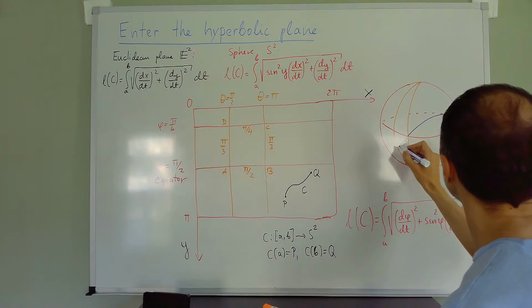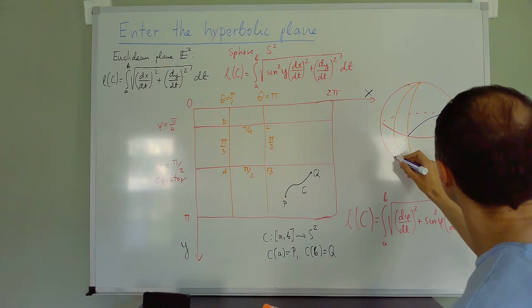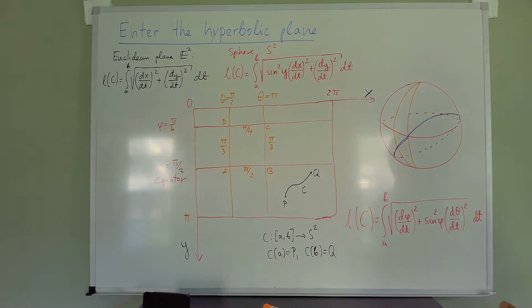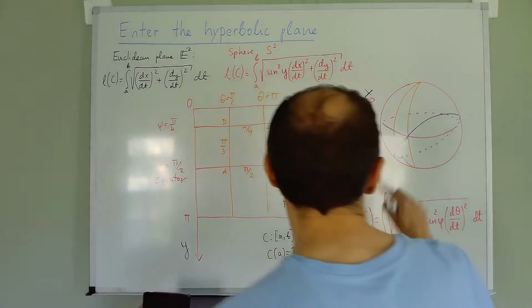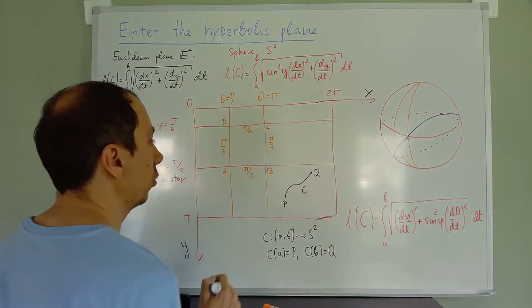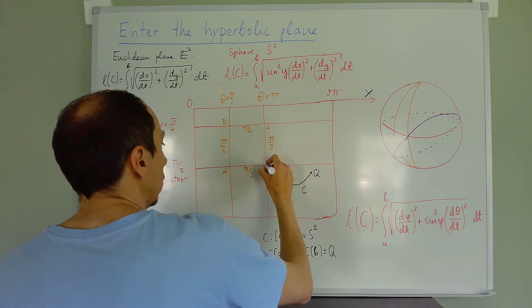I'm really bad at this. Okay, here's another great circle. So you see it intersects the equator and then goes above the equator, and on the other side it goes below. So it's something like that.